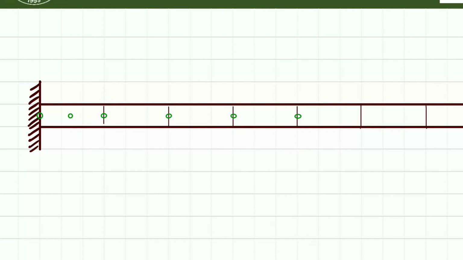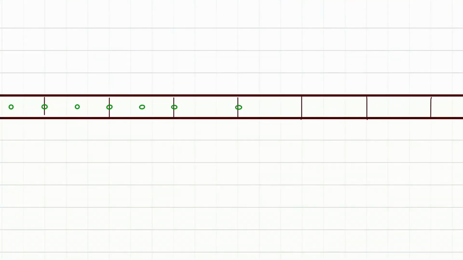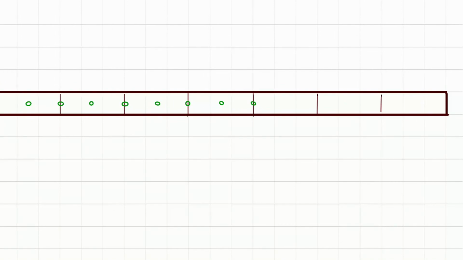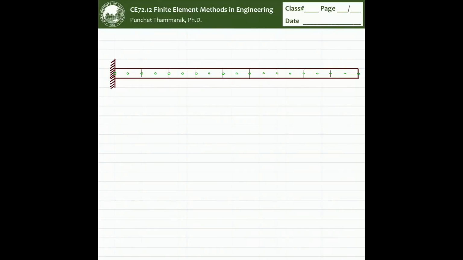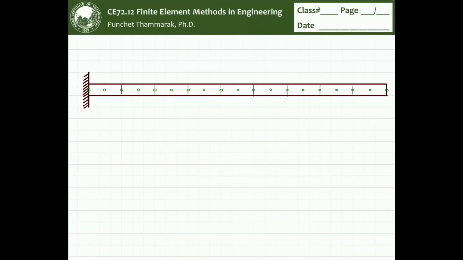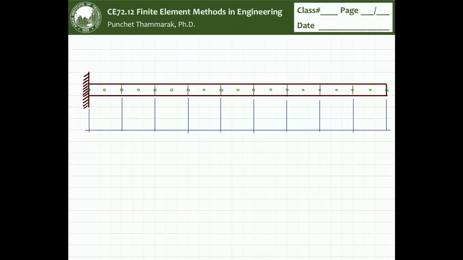So you'll be having the middle node. So the nodes are given.